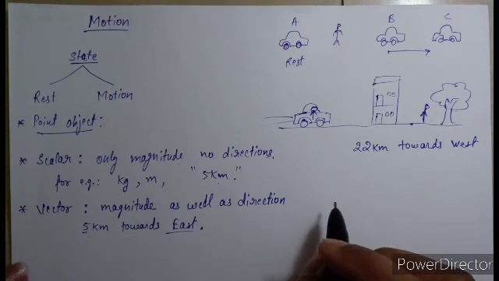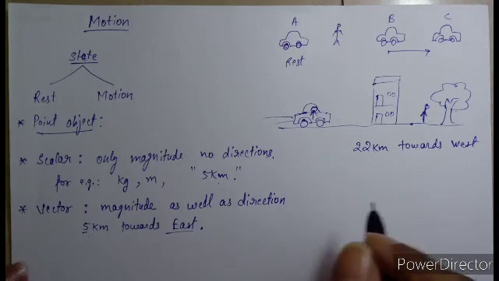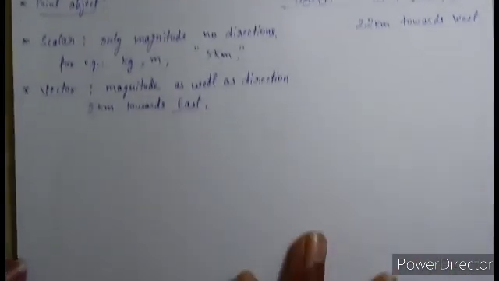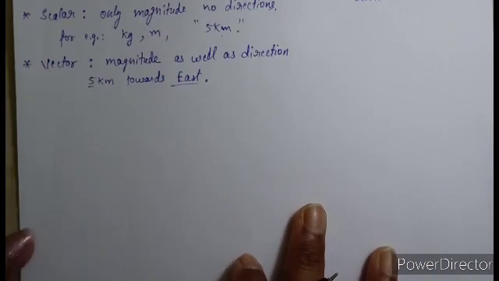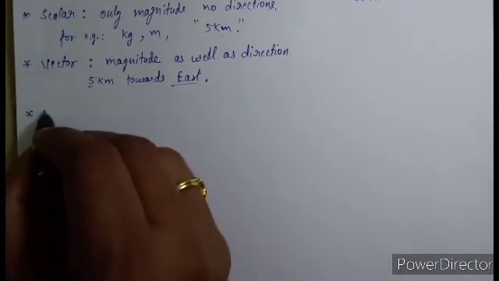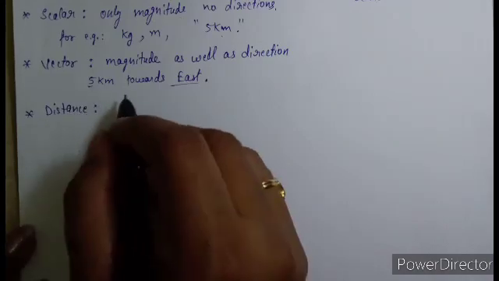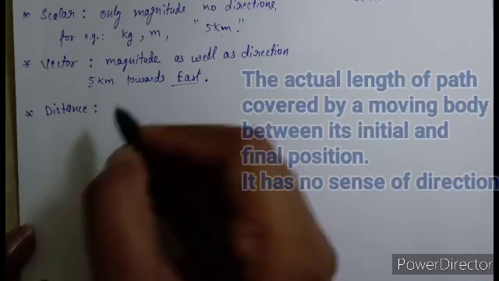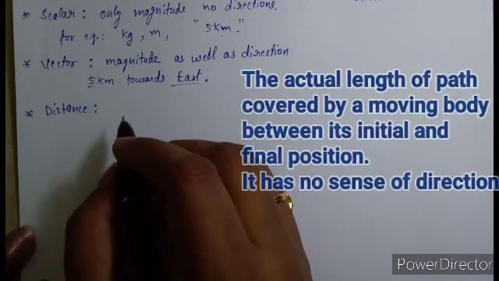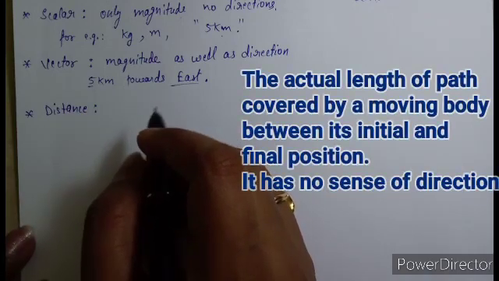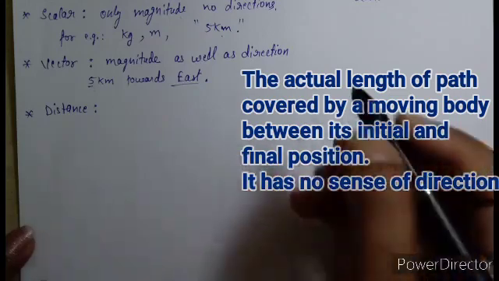Now let us discuss distance and displacement. Distance is the actual length of path covered by a moving object between its initial and final position.